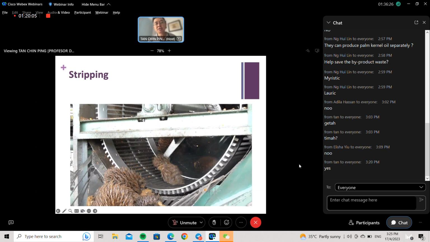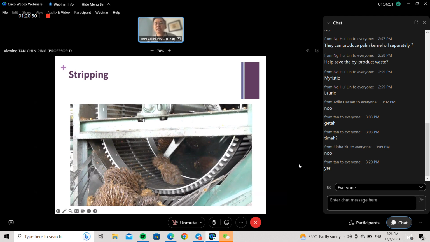So they're going to turn, and if you follow my arrow, can you see those openings there? There is an opening where the fruitlets will drop, and at the bottom there is a hopper to collect it, while the EFB, empty fruit bunch, is going to be on top of it. All right.